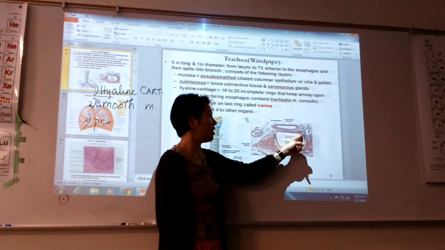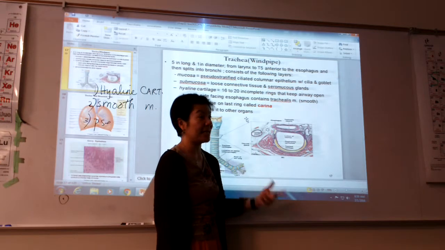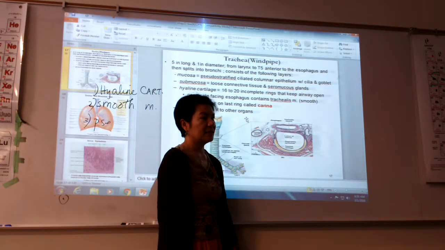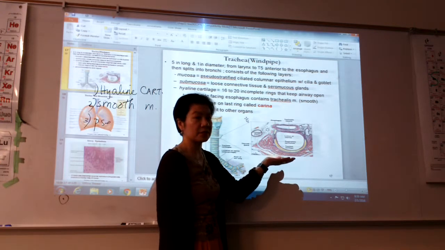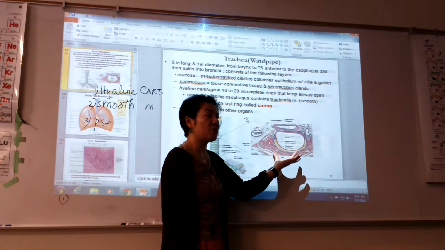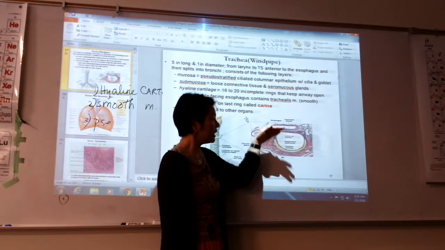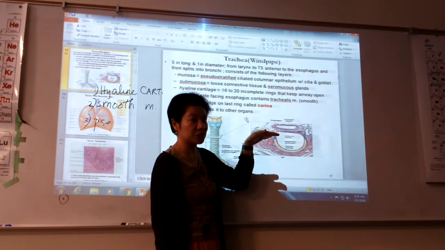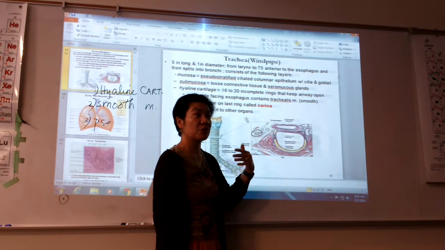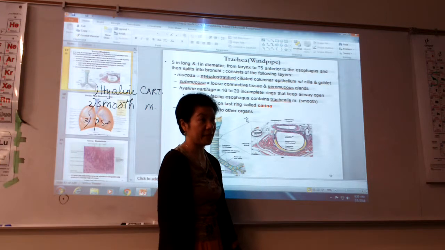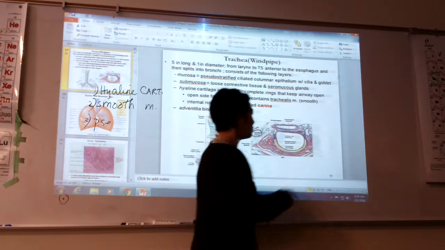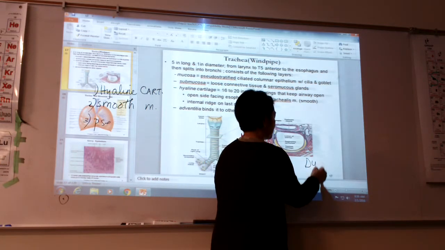It's just made up of smooth muscle called trachealis muscle. And this is very important. At least the anterior wall, being cartilage, keeps the airways open, and the posterior wall allows you to swallow your food without any pain. Painful swallowing is referred to as dysphagia.